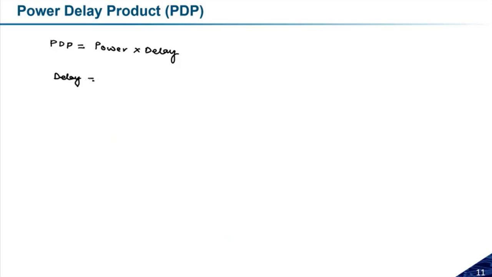The delay, or tp, the propagation delay, is calculated as some alpha times load capacitance times VDD, divided by VDD minus VTH.